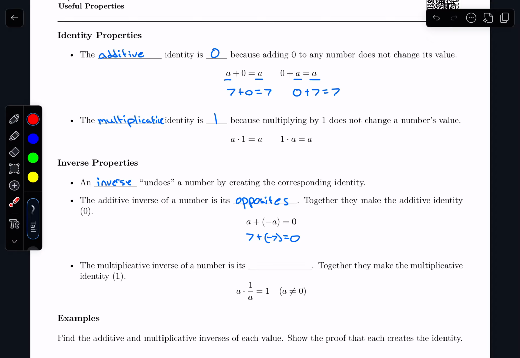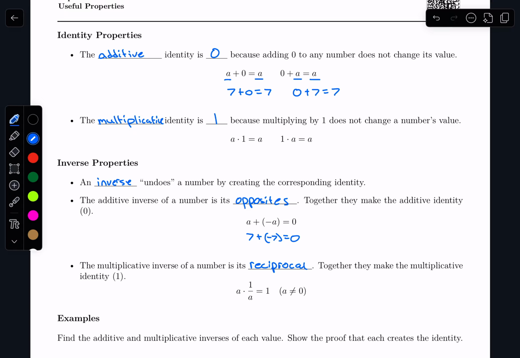Okay, the multiplicative inverse of a number is going to be its reciprocal. So we've already talked about fractions, so we know that a reciprocal means to flip the fraction upside down. And together, a number and its multiplicative inverse will make the multiplicative identity, which is 1.